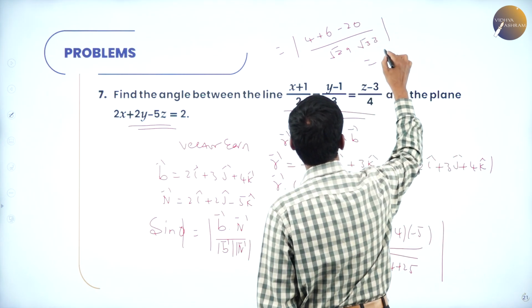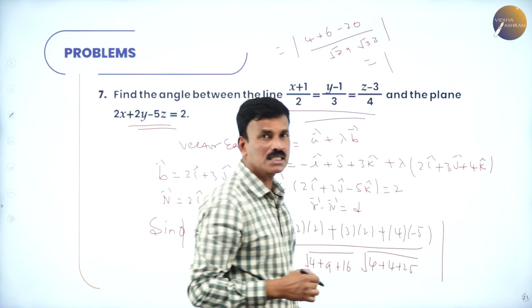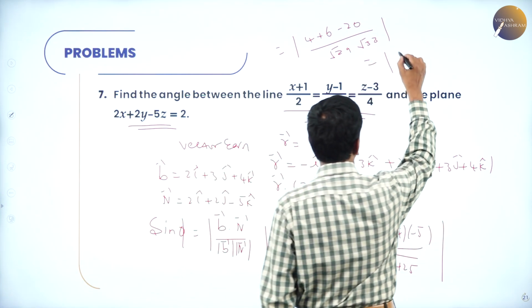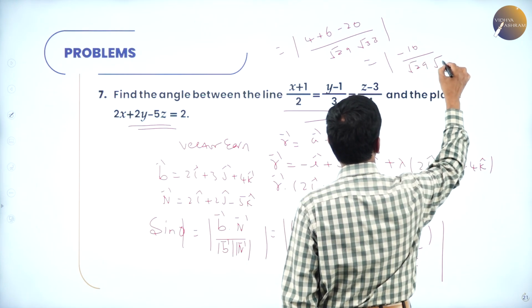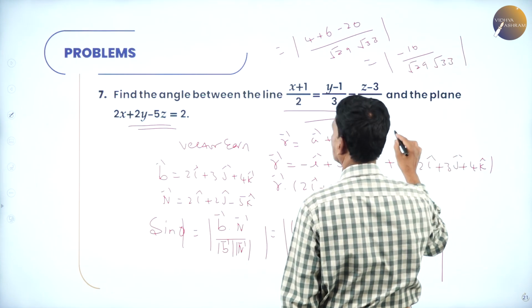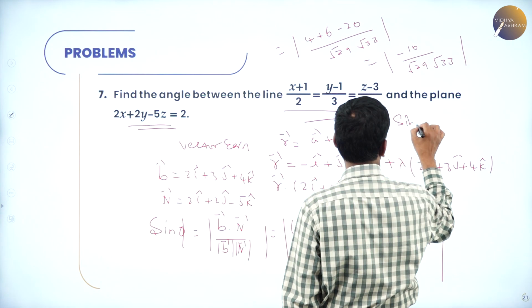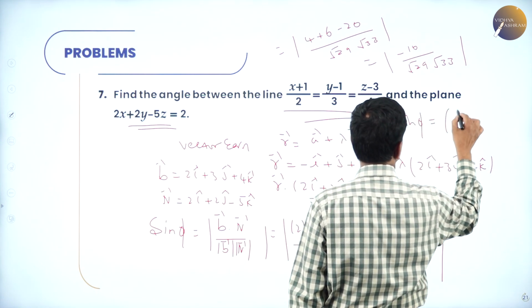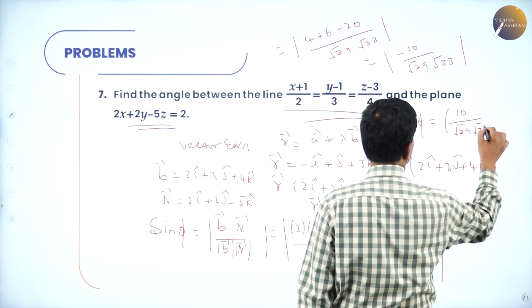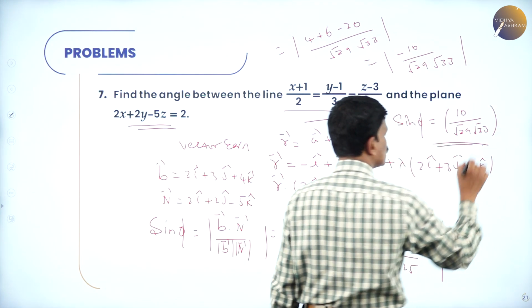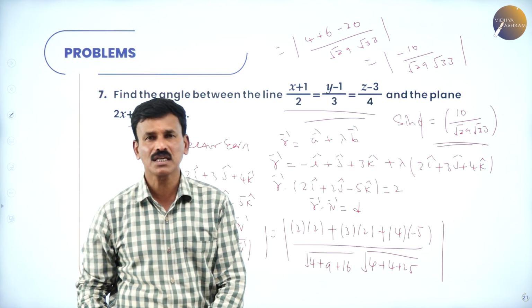So this is equal to 4 plus 6 is 10, minus 20 is minus 10, divided by root 29 into 33. So therefore sin phi is equal to 10 divided by root of 29 into 33. That's it. This is the angle between the line and the plane.